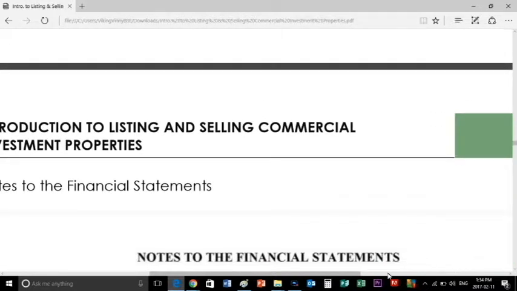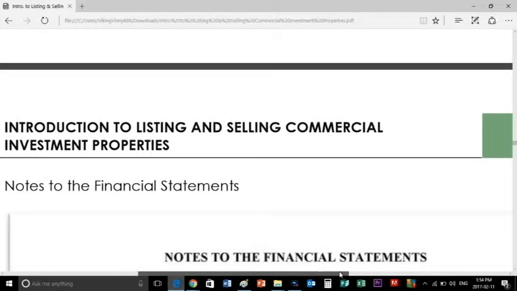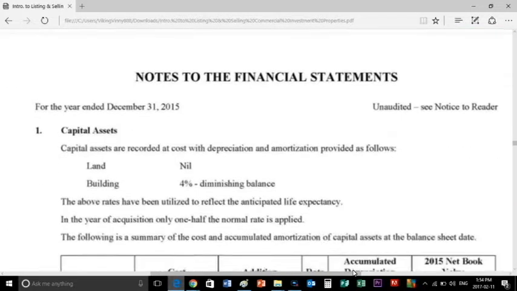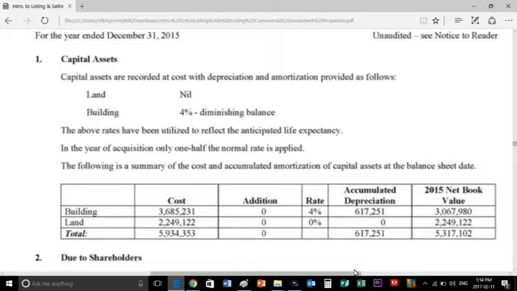All right, and let's take a look here. Notes to the financial statements. Oh yeah, these are the notes that we had talked about before. So for the year ended December 31st, 2015, unaudited, see notice to reader. So capital assets. Capital assets are recorded at cost with depreciation and amortization provided as follows.